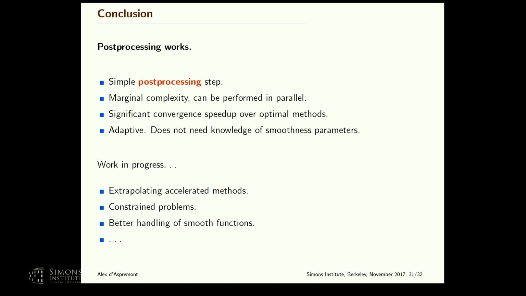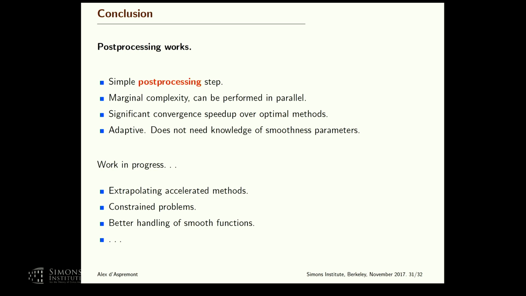And again, in practice, we do get a convergence speed up over optimal methods, even the adaptive ones. Okay? And it's adaptive. It doesn't need any knowledge of the smoothness parameters. I'm not using any information about the strong convexity or the Lipschitz constant of my gradient. Okay, that's a feature. It's also a bug.